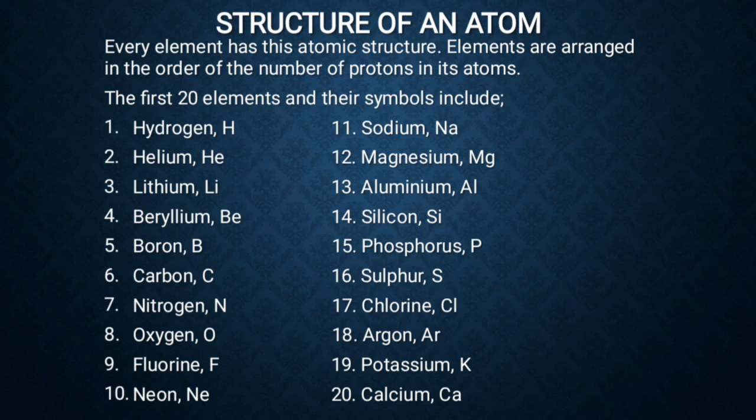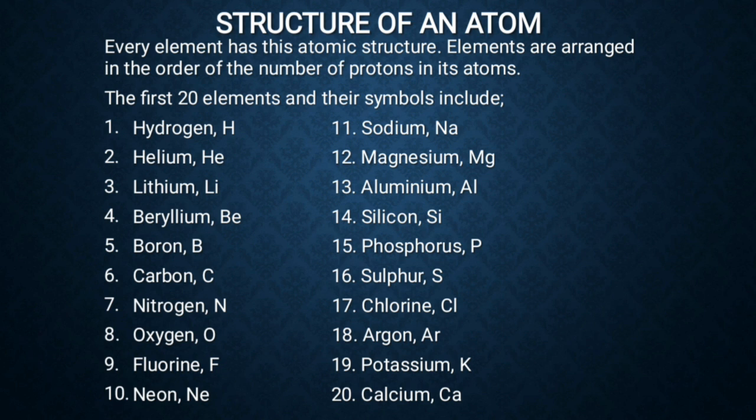Again, let me ask you, where do we find protons as an elementary particle of an atom? We find it inside the core. That's the nucleus of the atom. It is found within the nucleus. So elements are arranged in the order of the number of protons present in their atoms.